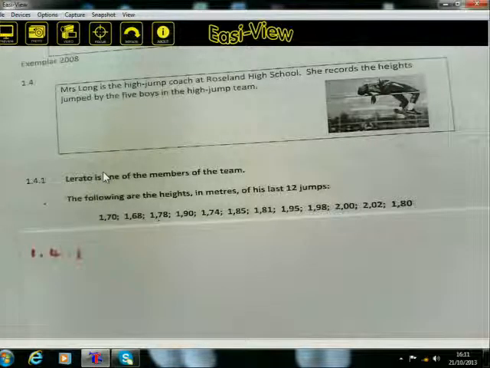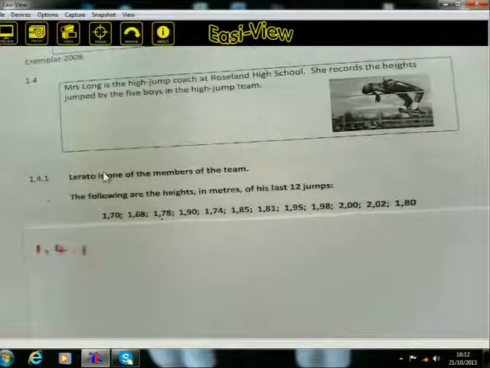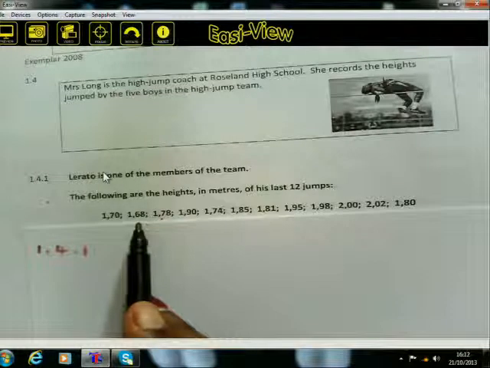Remember now, you have 1,70. Comma means that is the part of the number. Between the numbers 1,70 and 1,68, we have a semicolon. Semicolon separate numbers. So let us count together. You have 1,70. You've got 1,68 semicolon.